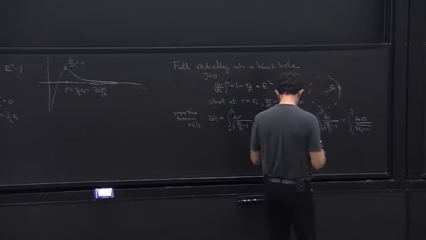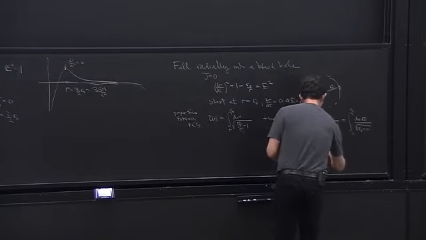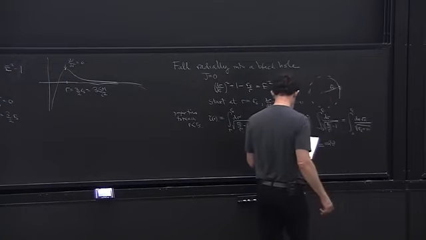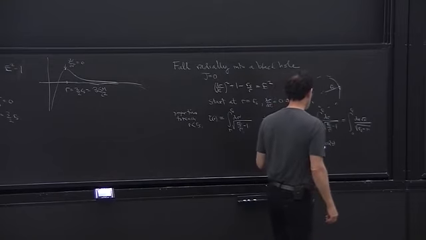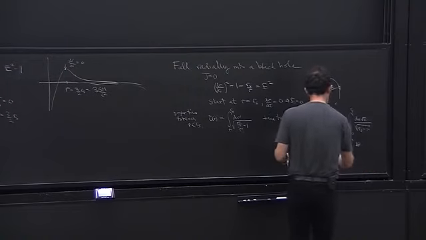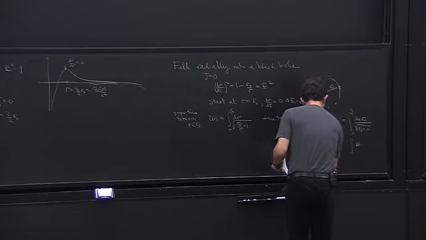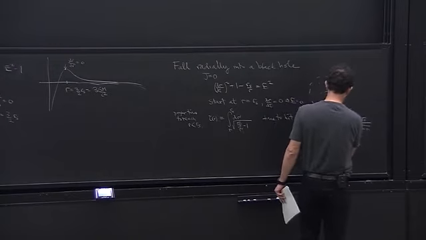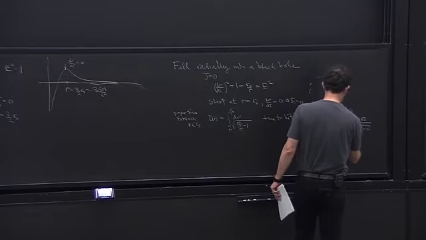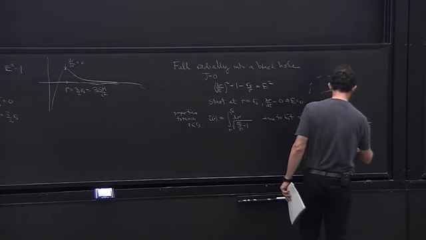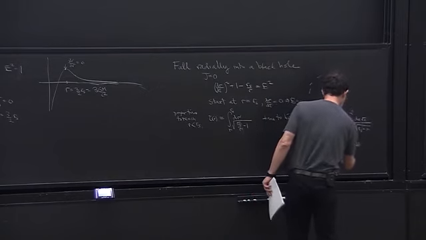Let us change variables to r equals rs sine squared theta. The numerator becomes 2 cos theta sine theta, and this gives me another factor of sine theta, and I get an overall rs.